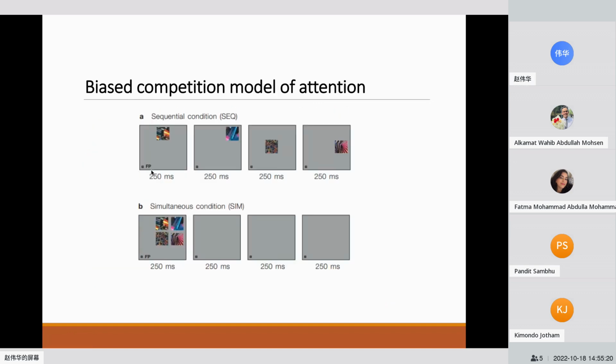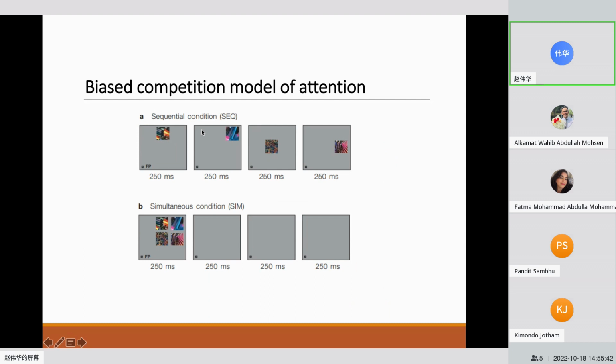And to answer the question of whether, in the absence of focused spatial attention, nearby stimuli could interfere with one another, competing stimuli were presented. It's a biased competition model of attention. There are 2 conditions.